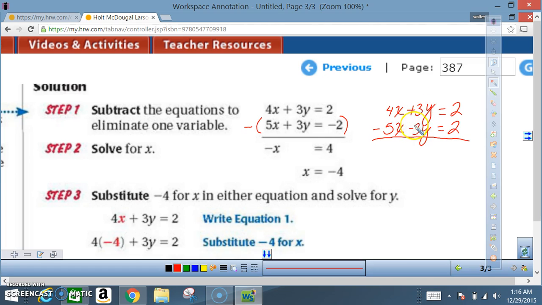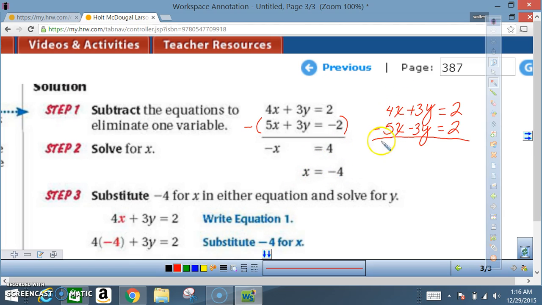They're going to disappear. So here I got 4x minus 5x. That's going to be a negative x. A positive 3y, when combined with a negative 3y, is now going to 0. That's why that's gone. And then 2 minus a negative 2 will end up being 4. Or in other words, 2 plus 2 is 4.